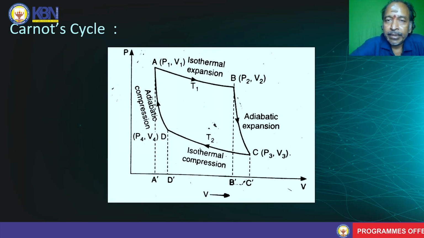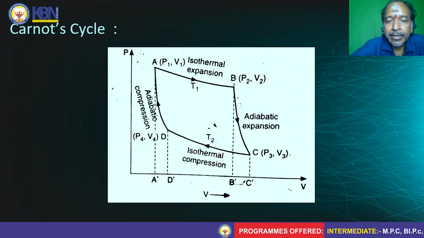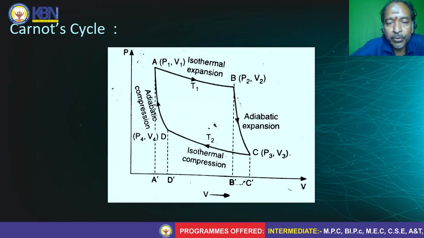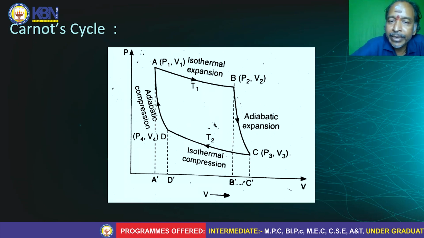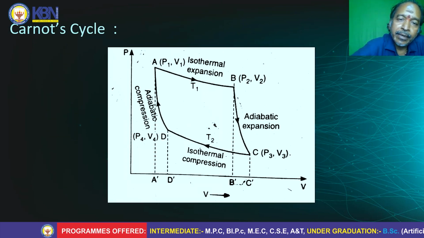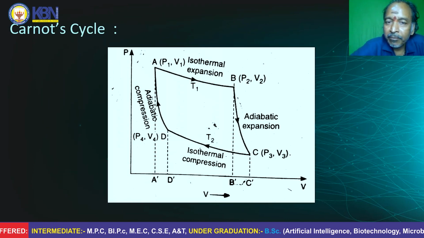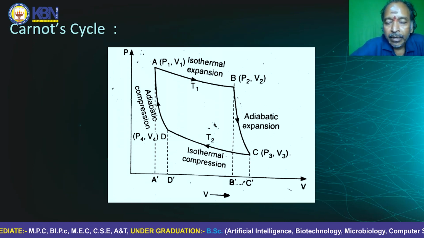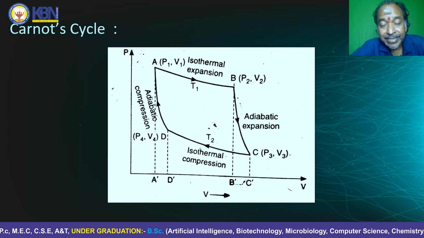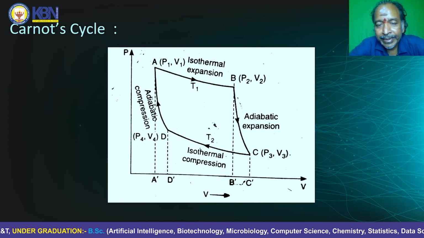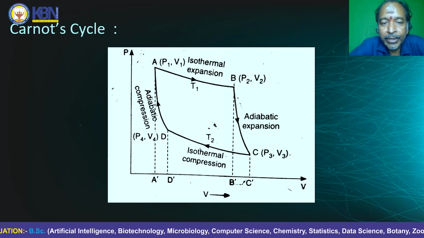So the heat energy given to the sink by the substance is Q2, at a constant temperature T2. Q1 is the absorbed heat energy from the source at temperature T1, and Q2 is the rejected heat energy to the sink at constant temperature T2.